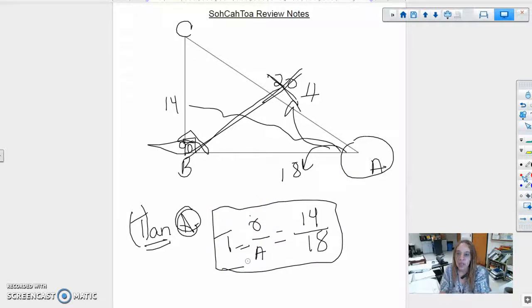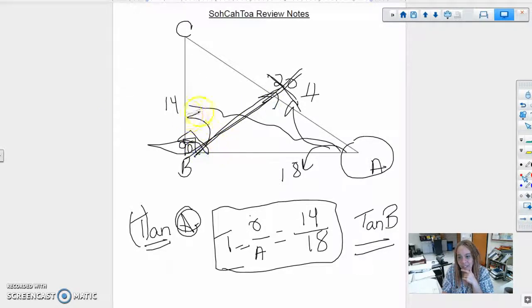So a special note: if we had said to do tangent B, that wouldn't happen, because it says two adjacent right here. If we said tangent C, what would we do?